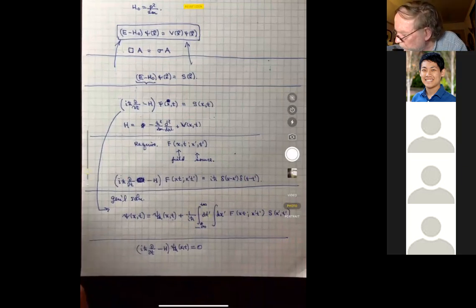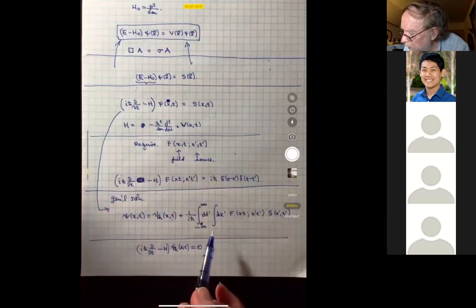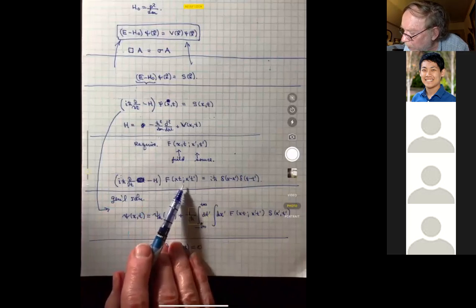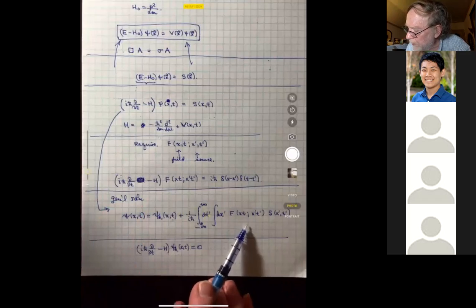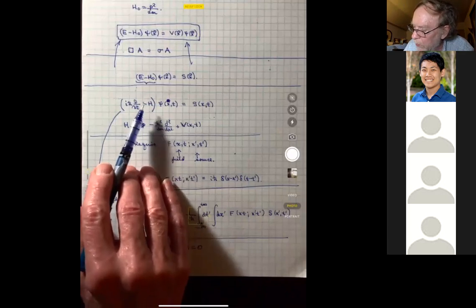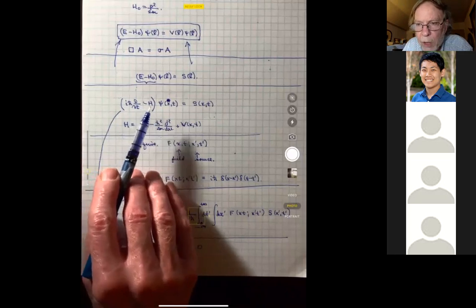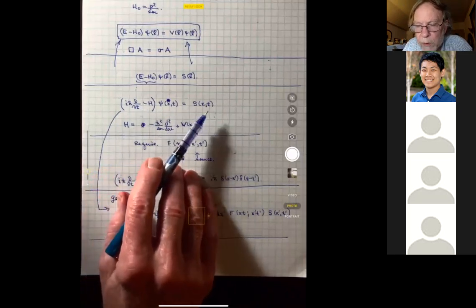All right. So any f that satisfies this equation will be regarded as a Green's function, and we can use any such f to obtain a general solution like this. I know that this is the general solution of the original equation because if I have any two solutions of an inhomogeneous equation with a source, and if I subtract them, what I get is a solution without the source, that is to say a homogeneous solution.